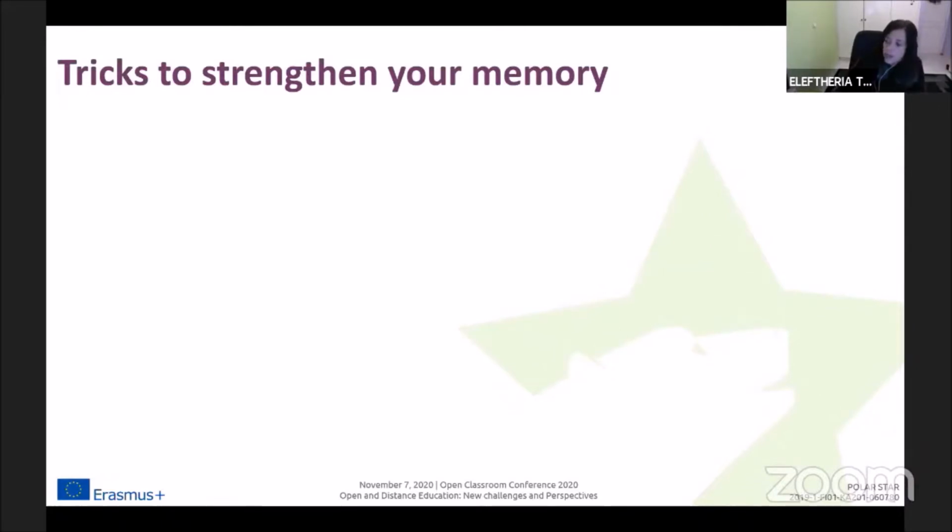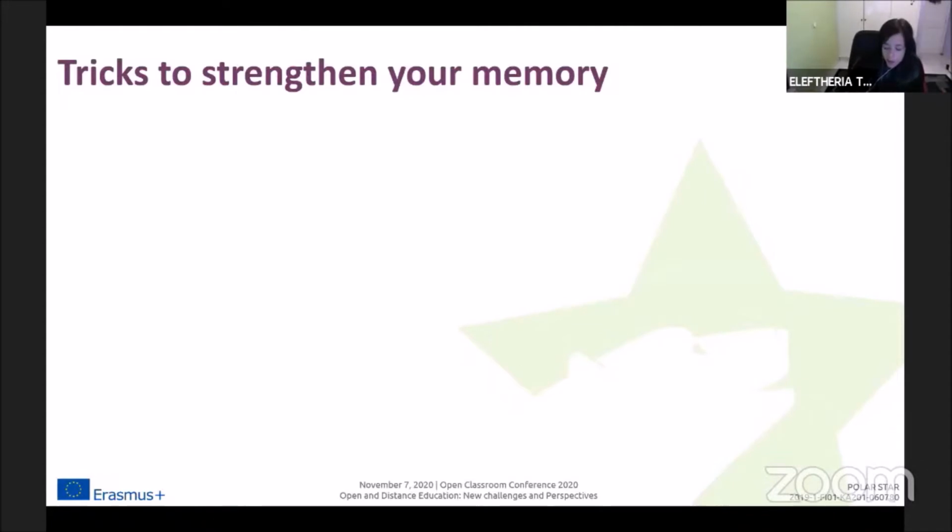It's a very simple trick that ancient Greeks used in order to memorize whatever they needed, like long speeches, because obviously they didn't have PowerPoint, and they couldn't take a picture of it or take a note down on their cell phone.